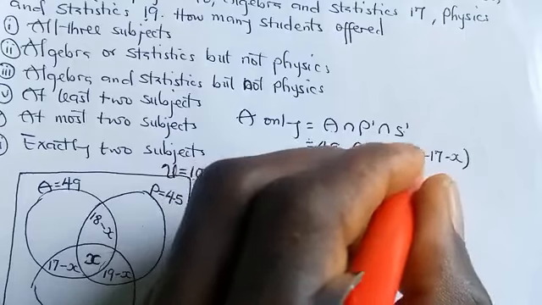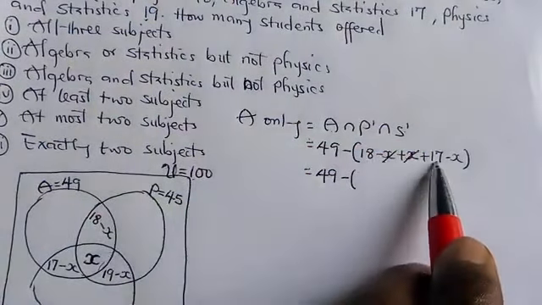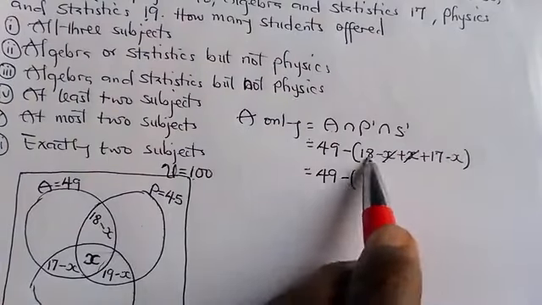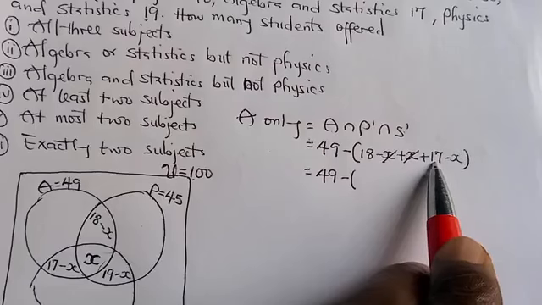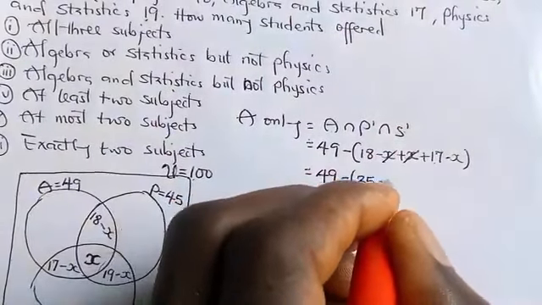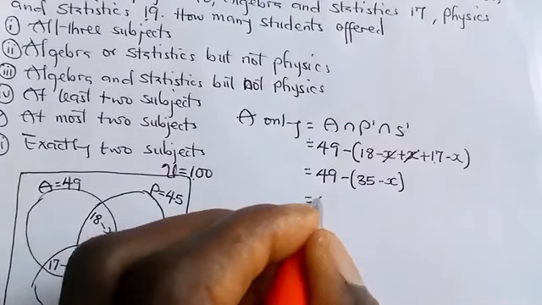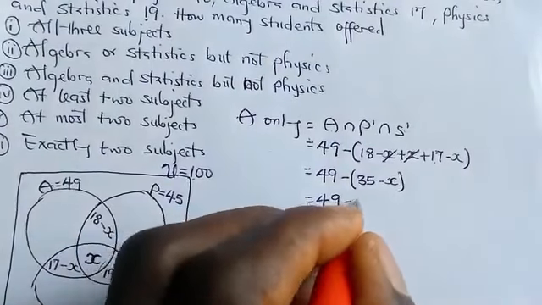This negative X will go with this positive X. You are left with 18 plus 17 minus X. 18 plus 17, you have 35 minus X. At this point, we'll open the bracket, so we have 49 minus 35.